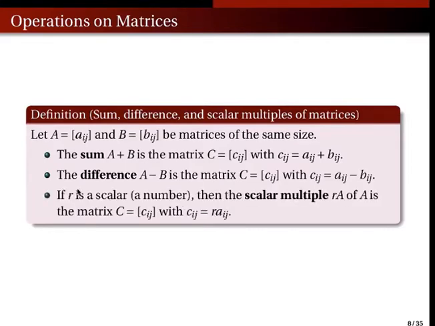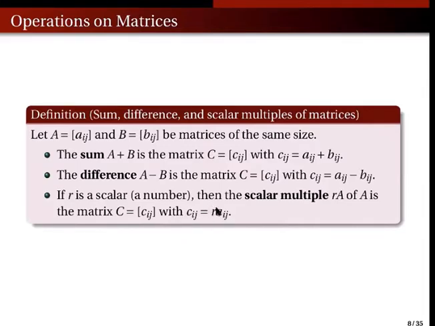Now, if r is a scalar, it's just a number. Scalar is just a term we use to denote a real number, or in other areas, any number, complex number, possibly. So the scalar multiple rA, this is how we're going to write it. The scalar multiple rA of A is the matrix with entries Cij equals r times Aij.